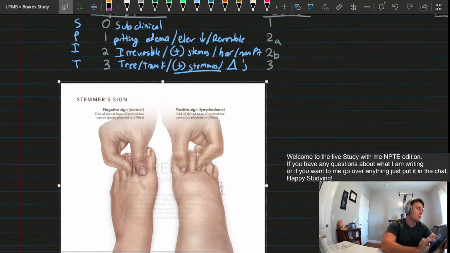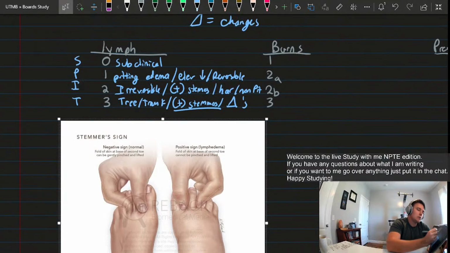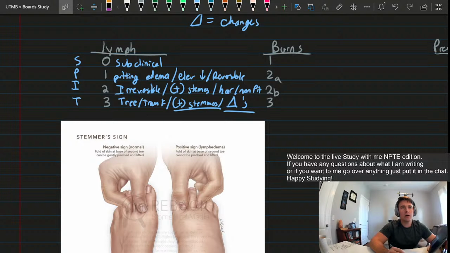The delineation between a 2 and a 3 is going to be skin changes. So a 3, you're going to have skin changes with that, like fibrosis or plaques or anything like that.